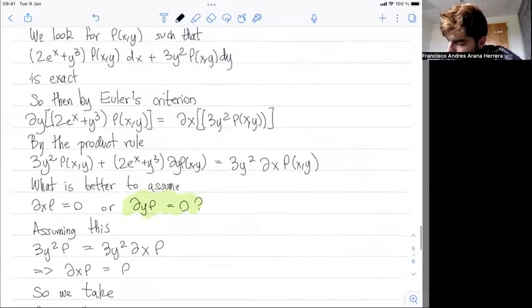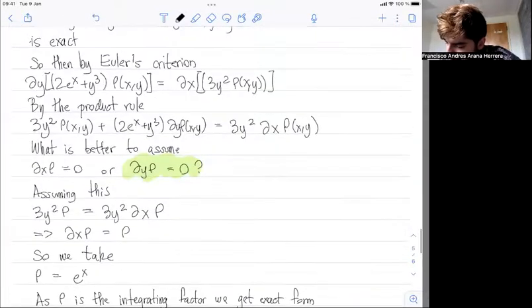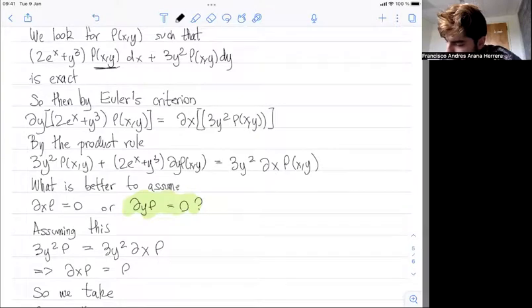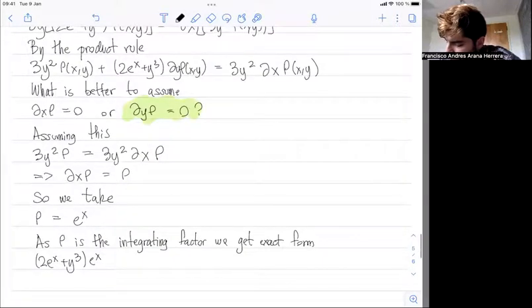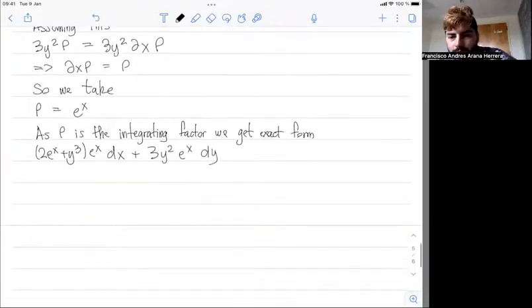So this is 2 e to the x plus y cubed e to the x dx, plus 3y squared e to the x dy. Okay, so now we have an exact form, and we're trying to solve this ODE.